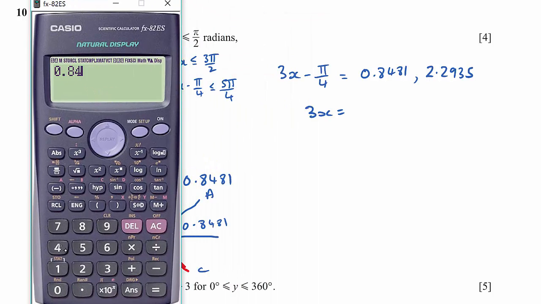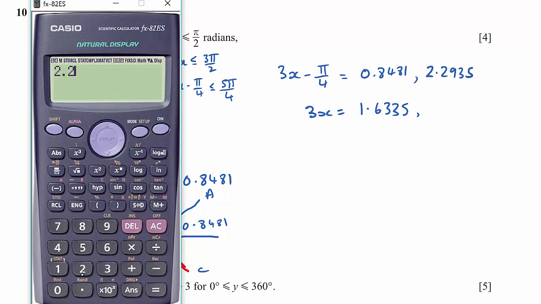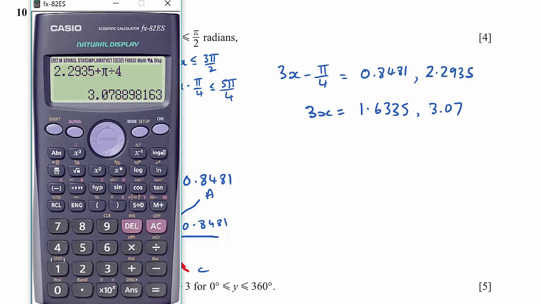So 0.8481 add pi by 4, 1.6335, and then we've got 2.2935, and we'll add pi by 4 to that. That's 3.0789.